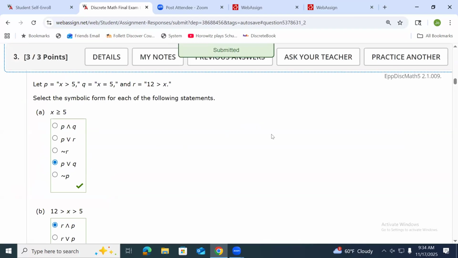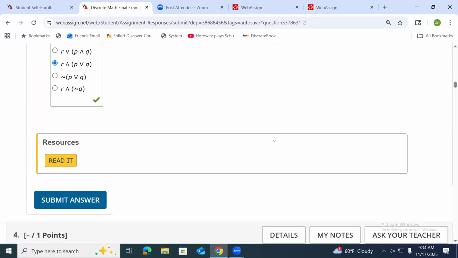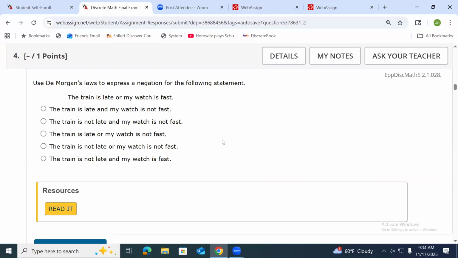Okay, so there's that. Now let's go to number 4. Use De Morgan's laws to express the negation. So what's the negation of the statement A or B? It's not A and not B, right?